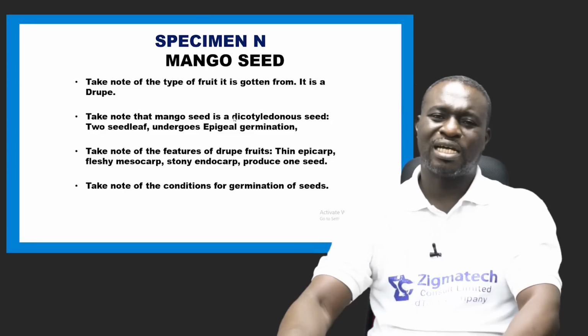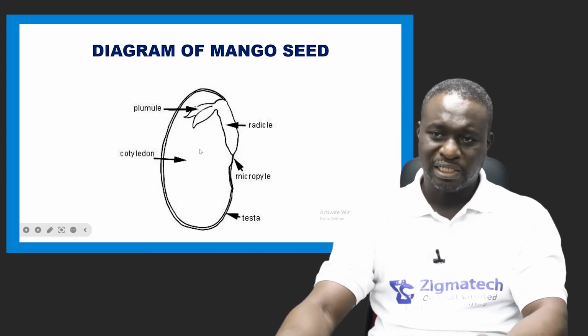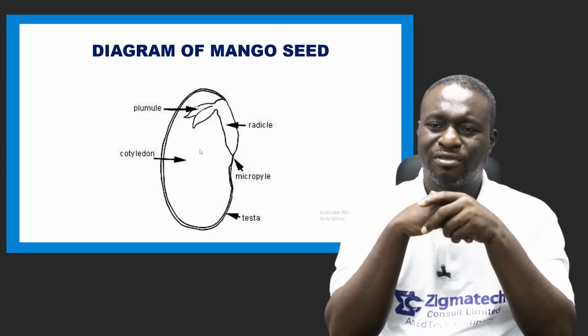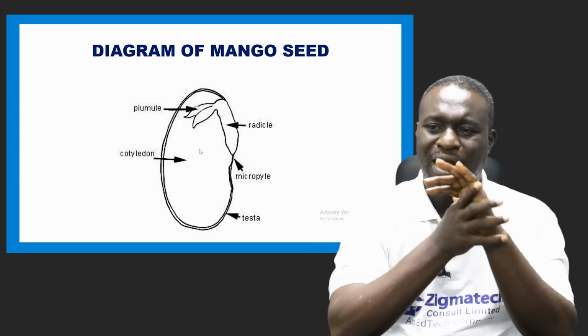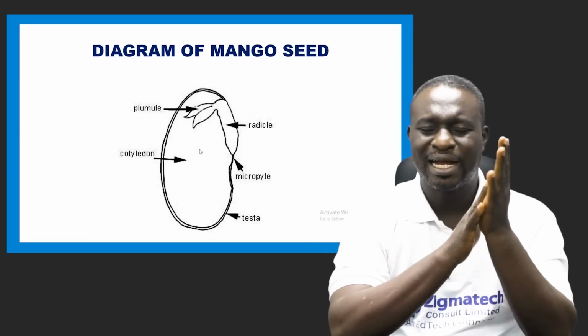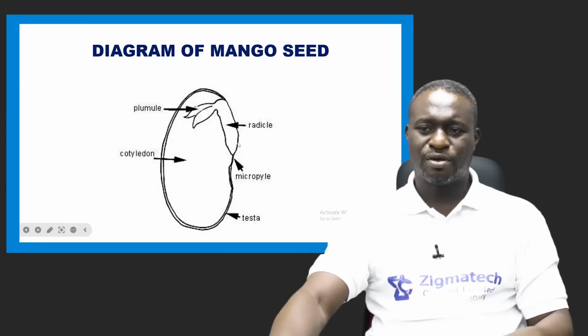So these are the things you should take note of on the mango seed. Now, if you look at the structure of the mango seed there, we have the plumule, the radicle, the micropyle, and we also have the tester and the cotyledon. They are also found in the mango seed.